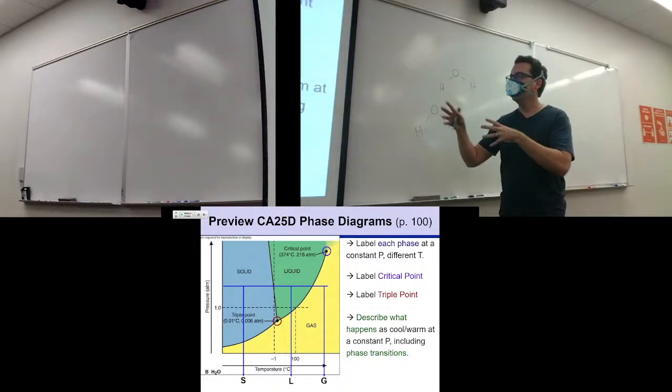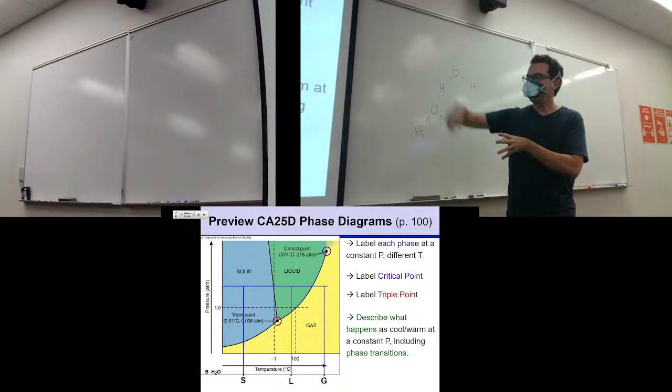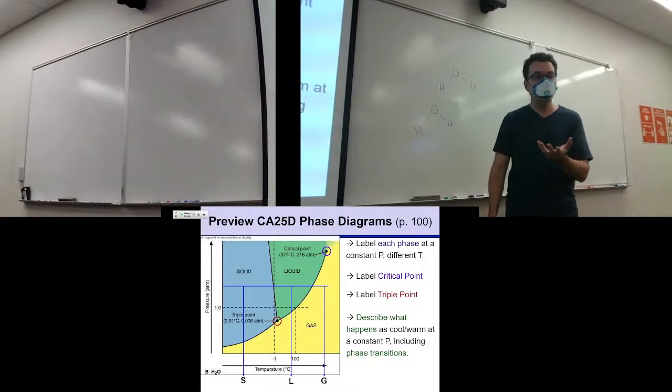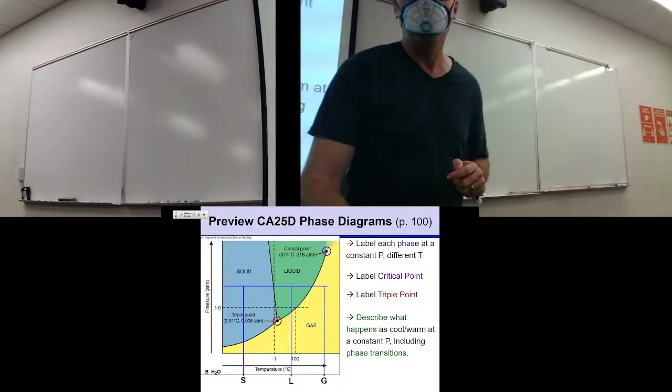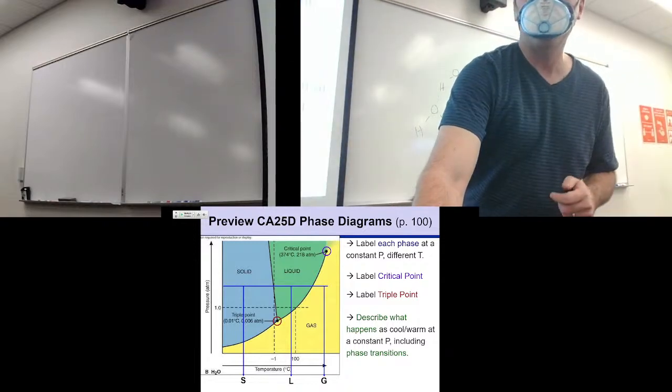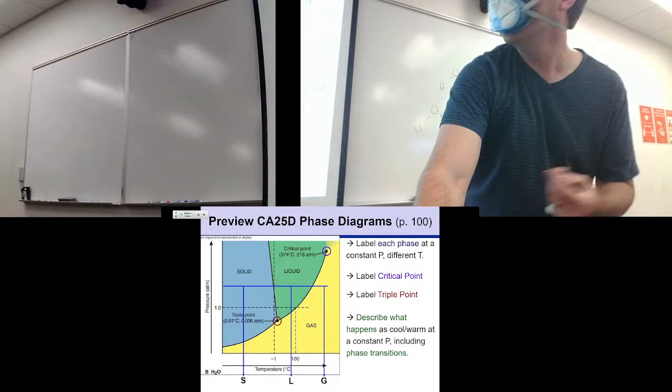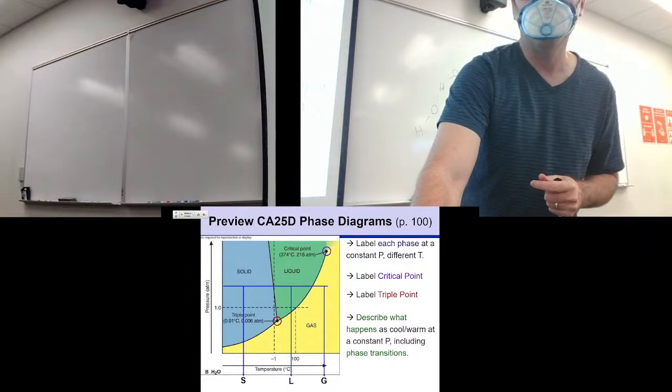You would say, it starts as a gas, and then it condenses to a liquid. Or maybe it doesn't even go past this boundary. Maybe it goes past that critical point, and you would say it turns into a supercritical fluid. So just being able to describe what's happening to the substance as your temperature or pressure is changing.